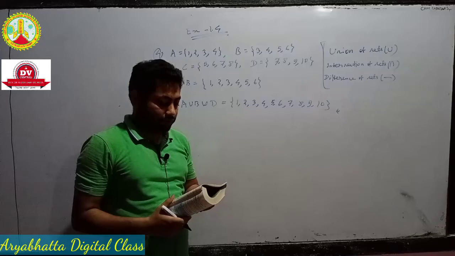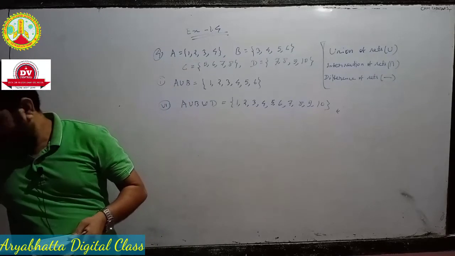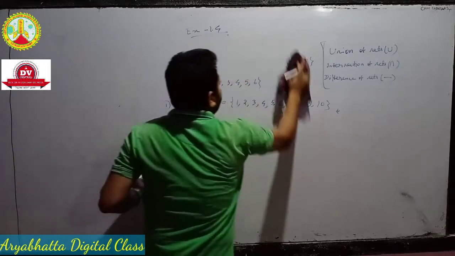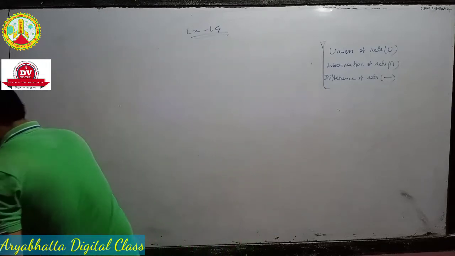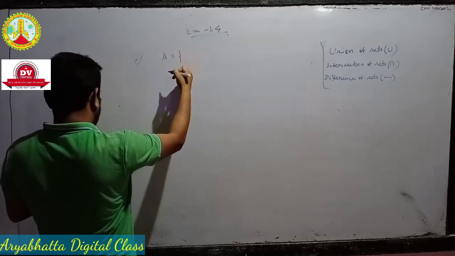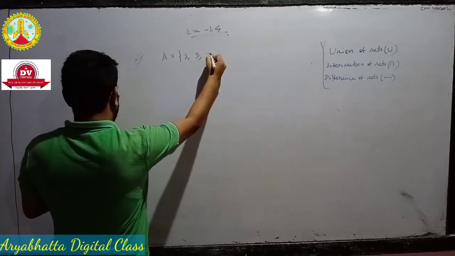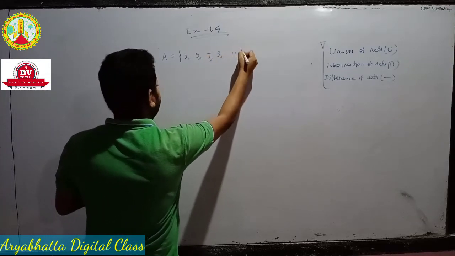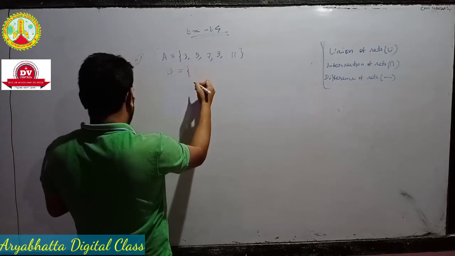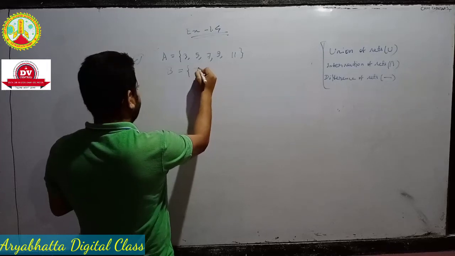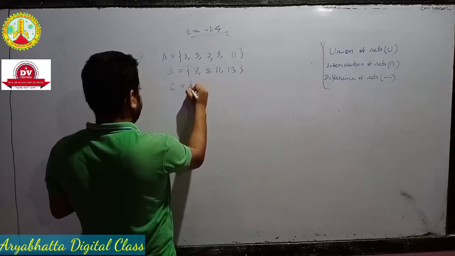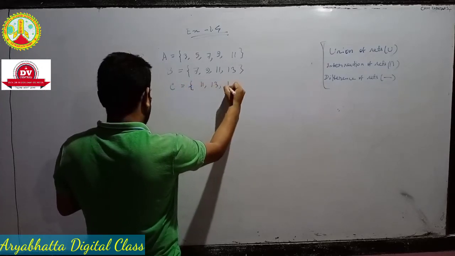Next, question number 6. If A is equal to {3, 5, 7, 9, 11} and B is equal to {7, 9, 11, 13}, C is equal to {11, 13, 15}.